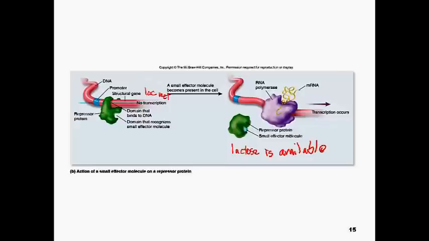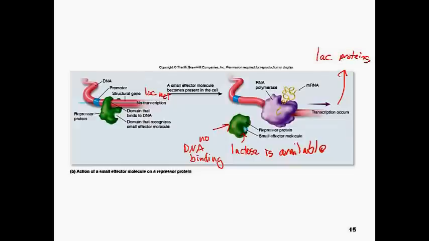Well, imagine this scenario. The lactose binds a repressor protein, causing it to change shape. In this conformation, there is no DNA binding. Well, if the repressor can't bind the promoter, now RNA polymerase is able to effectively and efficiently express the genes to make lactose proteins.